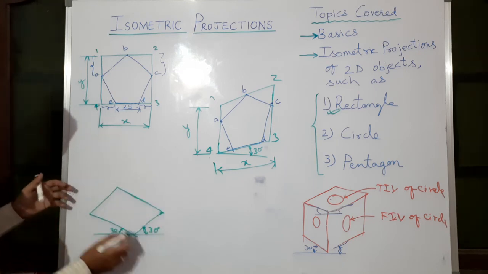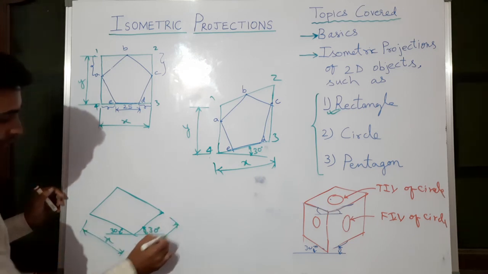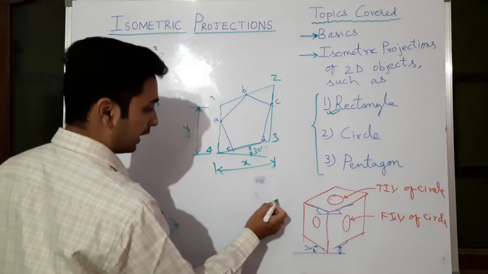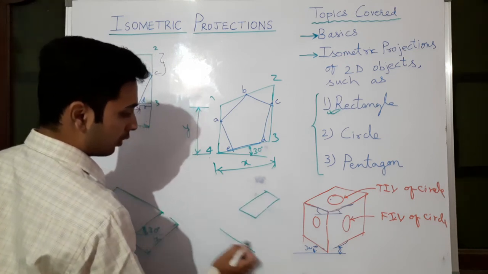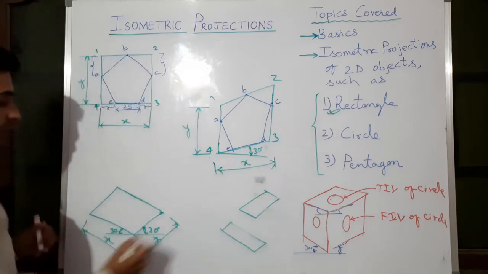This distance you take as X, this distance you take as Y. You can take X here and Y here, that is your choice. As I have said, a rectangle you can draw like this or like this, it's up to you. In the case of this rectangle top view, we have seen both cases.